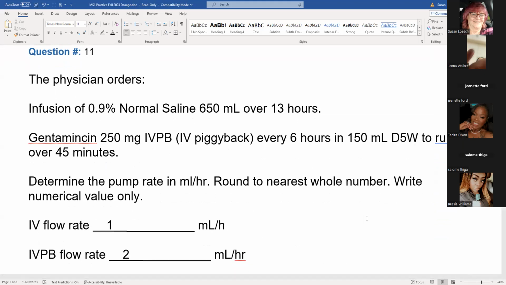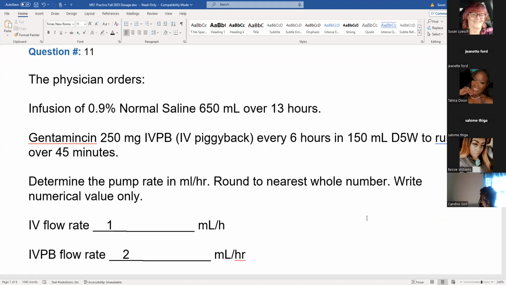See if you can do them both. Anybody still calculating?